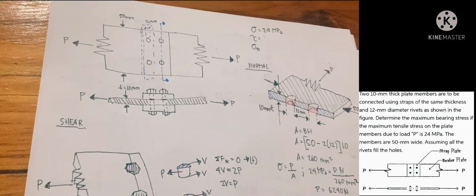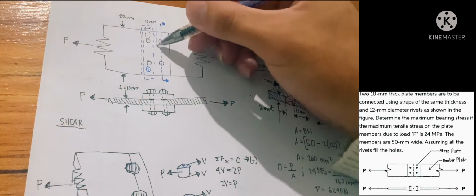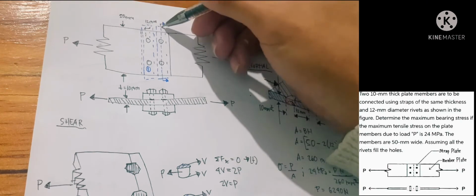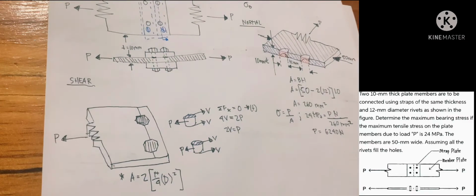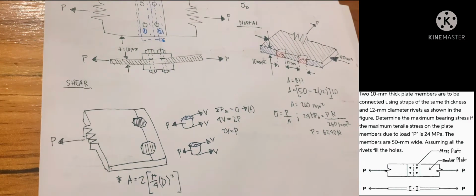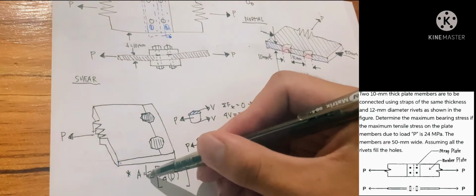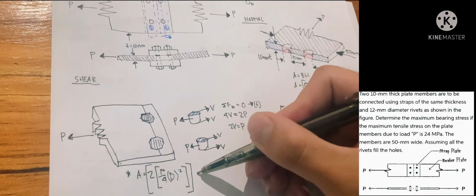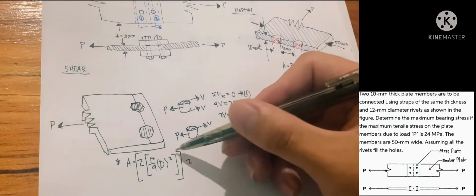So we need to multiply our area by 2. But here we will multiply again by 2 because we want to know the average. So we are trying to look for the average shearing stress. That means we will consider the 4 rivets. So we will multiply again by 2.